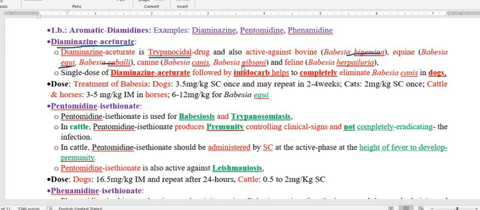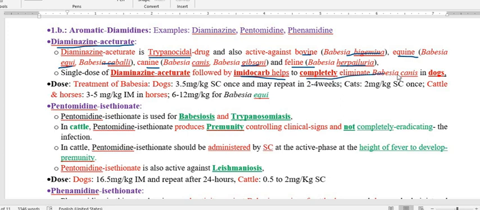So for Babesia, the species susceptible to diminazene aceturate are Babesia bigemina, Babesia equi, Babesia caballi, Babesia canis, Babesia gibsoni, and Babesia herpailuri, and the hosts are bovine, equine, canine, and feline respectively.